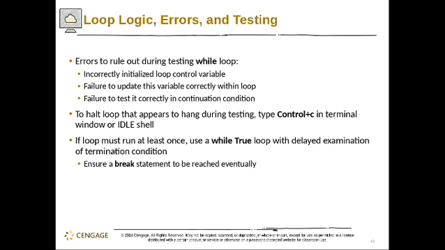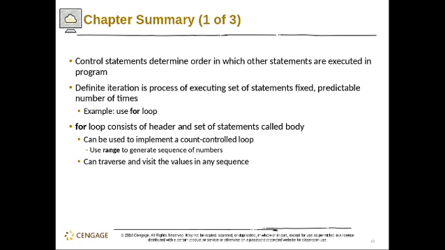To halt a loop that appears to hang during testing, we can just type Control C, basically when you have infinite loops. If a loop must run at least once, use a while true loop with delayed examination of the termination condition. This ensures a break statement will be reached eventually.